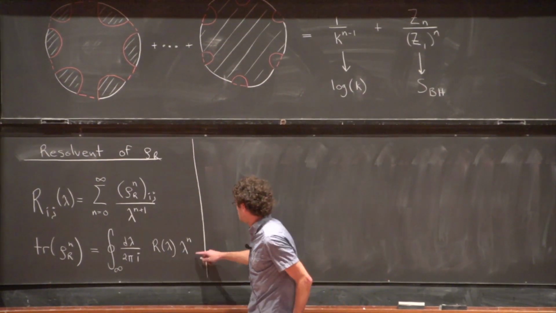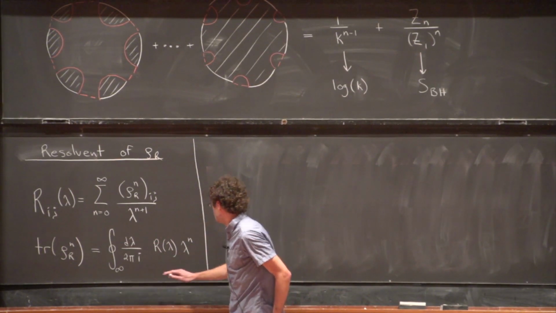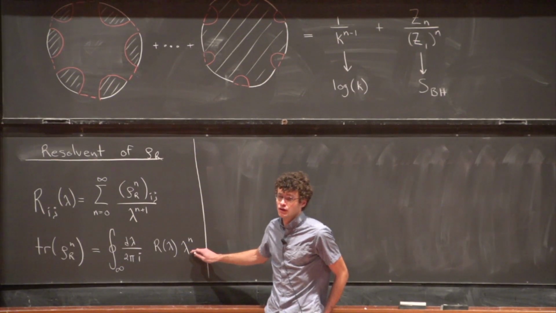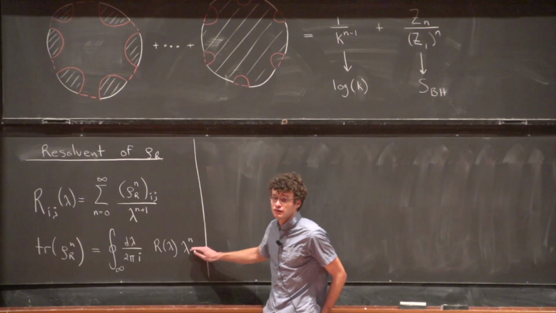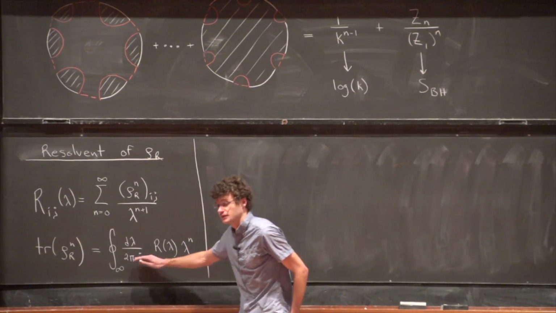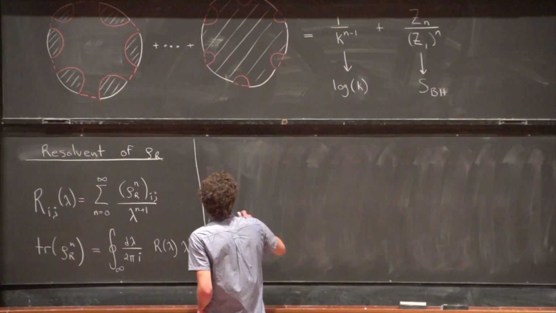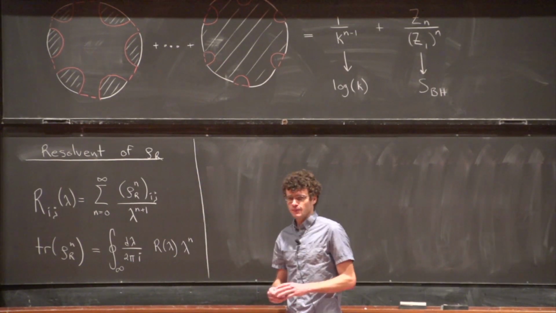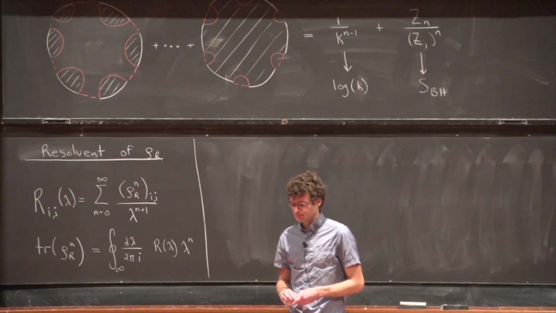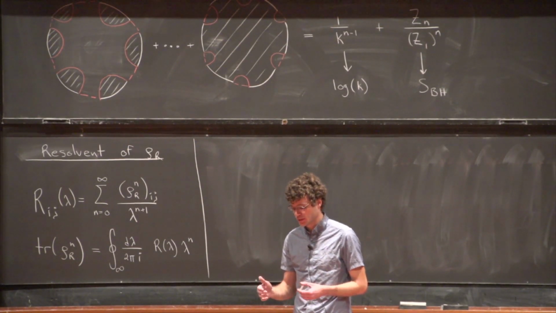And the integrand here is not analytic near infinity. So the lambda to the n factor has a branch point at infinity for non-integer n. So we're not going to be able to continue the expression written in this way. But what you can do, well, depending on how much time you've spent with resolvents, you'll know exactly what to do. But in that case, I'm explaining it in a sort of a roundabout way.